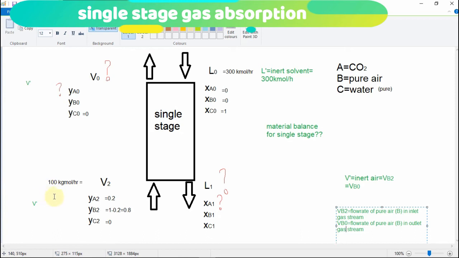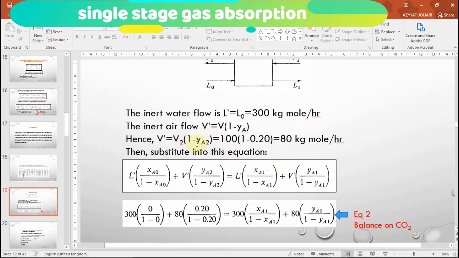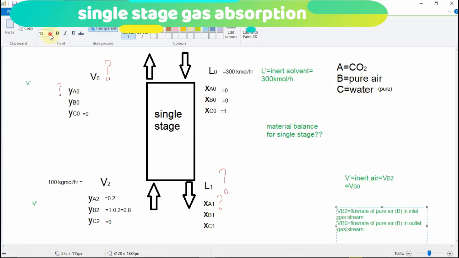So if you get V prime here, you can use this value for V prime in the outlet gas stream. So that's why when you get this value, you get 80. So you can put V prime here and V prime over here, 80 and 80.